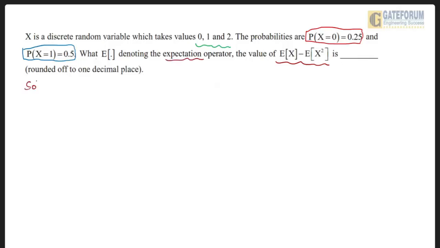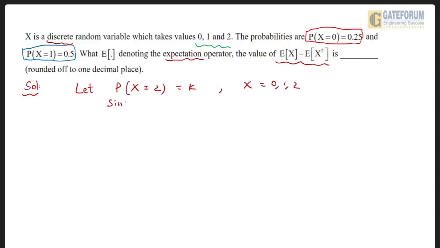Solution. Discrete random variable is mentioned. These are the key points. Let P of x equal to 2 be some constant, some k. Sum of all the probabilities is equal to 1. X has 3 values, x equal to 0, 1, 2.